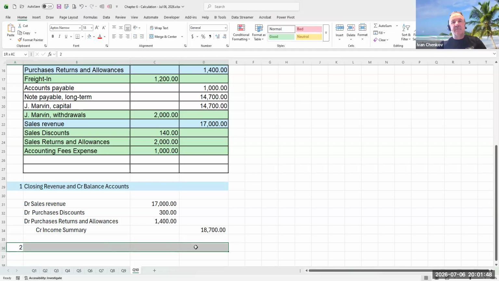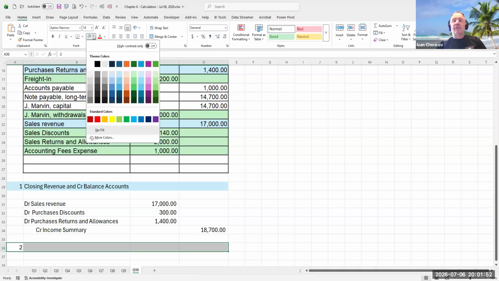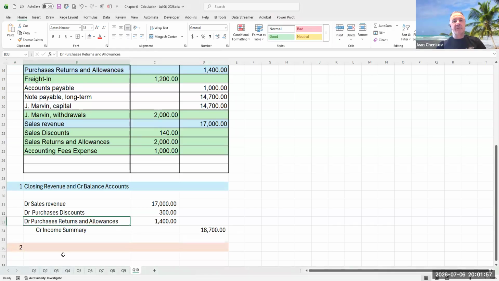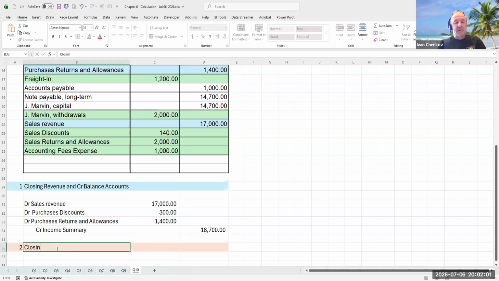In step 2, what color do we want? We're going to close withdrawals later, so let's leave the withdrawals for now. Let's close second, closing expenses and debit balance accounts.